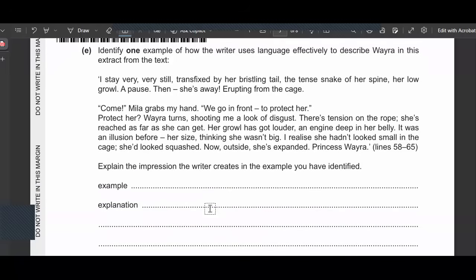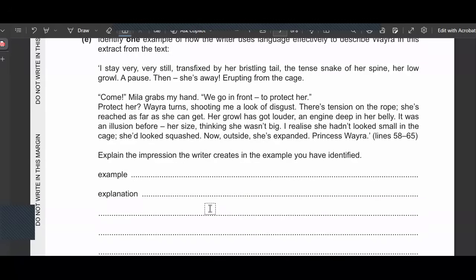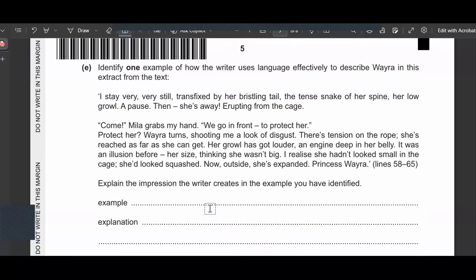So remember, the text that will be given to you may contain more than one example. Not may contain, most of the time it contains more than one example, right? So you just have to take out one example and explain from that reference how the author has given a very vivid picture to describe Vira.